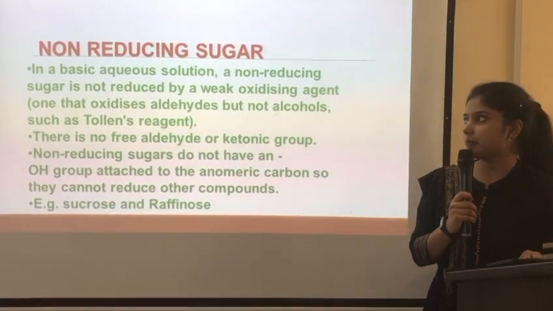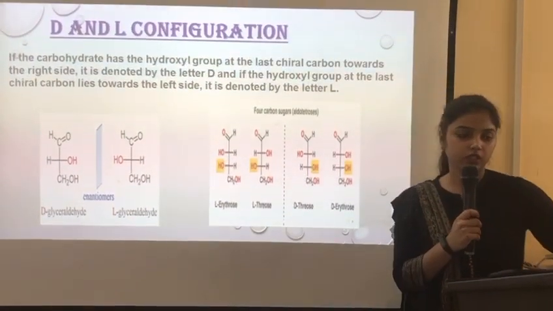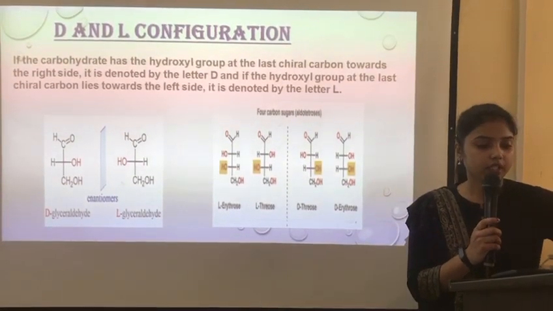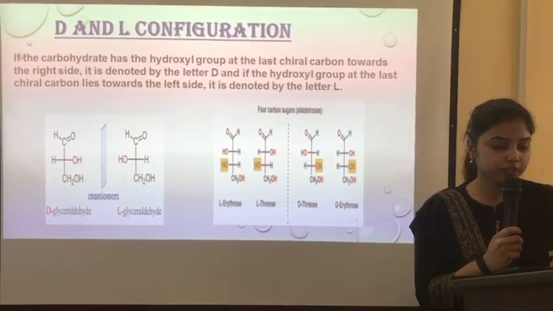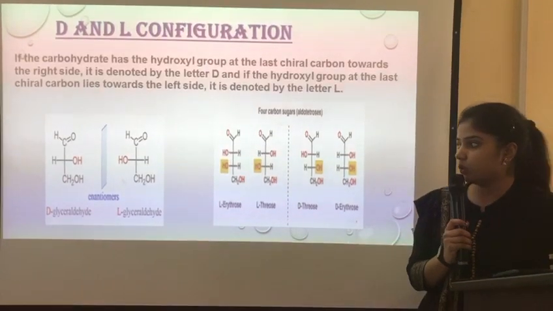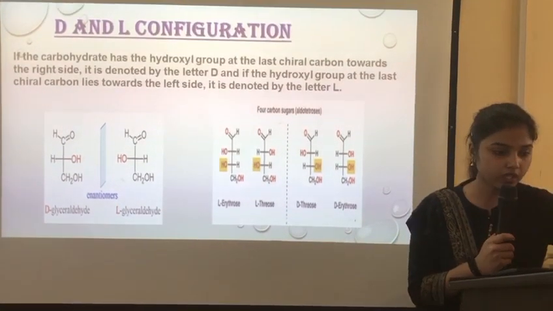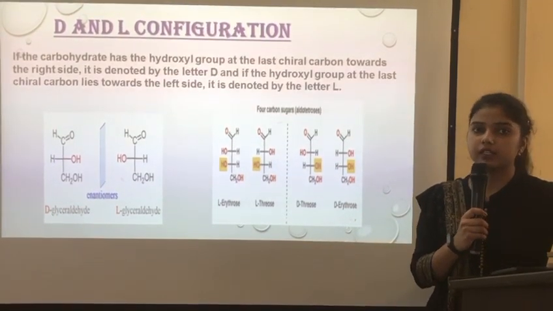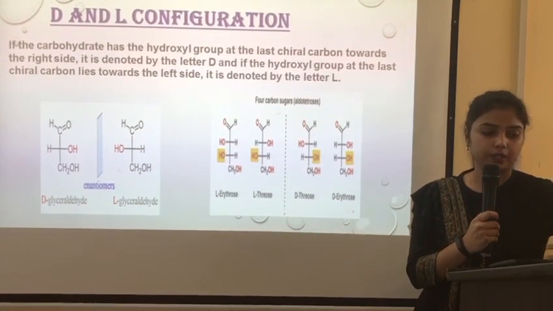Next topic is D and L configuration. D and L configuration deals with the OH group and also deals with the last chiral carbon of the chain.